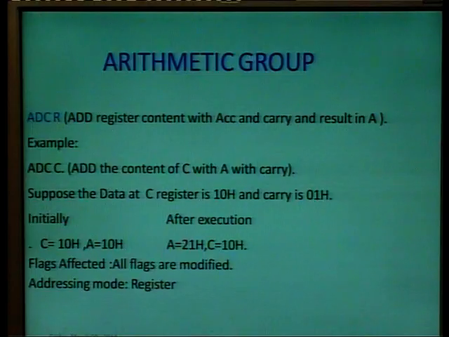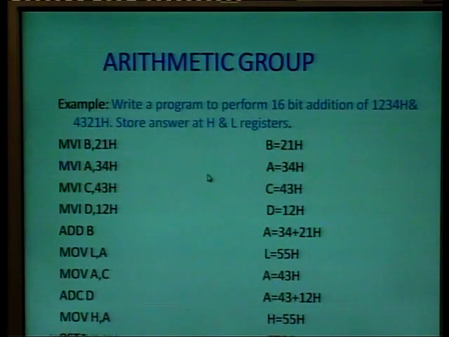ADC R: add register content with accumulator and carry, and result will be in the accumulator. This is an example program. Write a program to perform 16-bit addition of 1234H and 4321H. Store answer in H and L register.